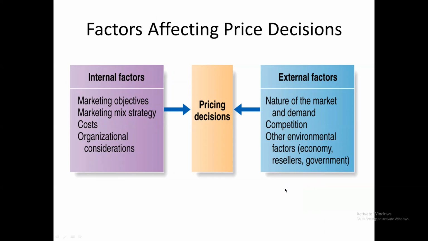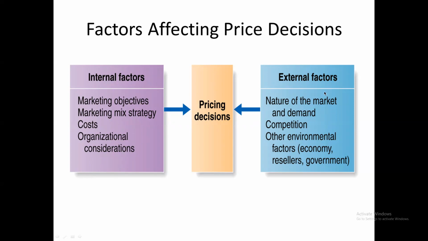And the external factors are very related to the market and outside of our industry. The marketing objectives, the marketing mix strategy, cost, and organizational considerations are the internal factors. We will look into details about the marketing objectives, marketing mix strategy, cost, organizational considerations.